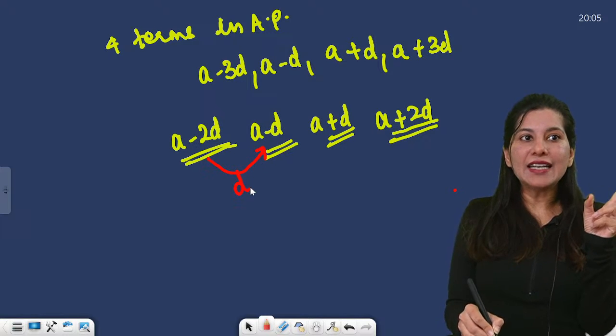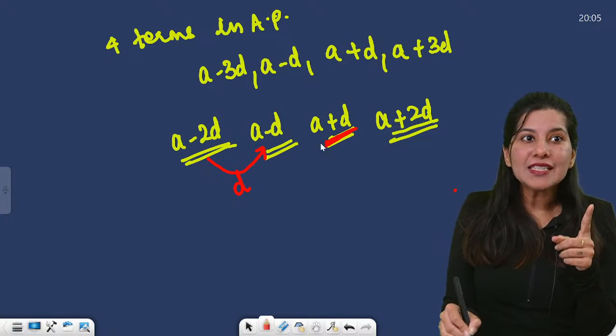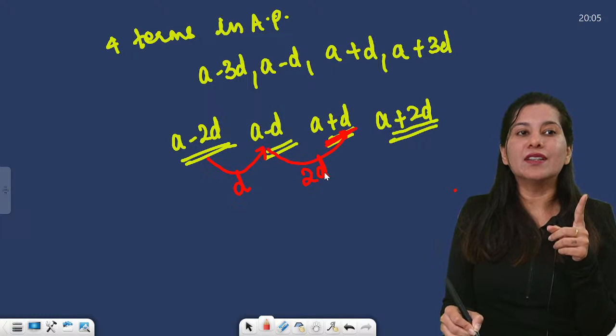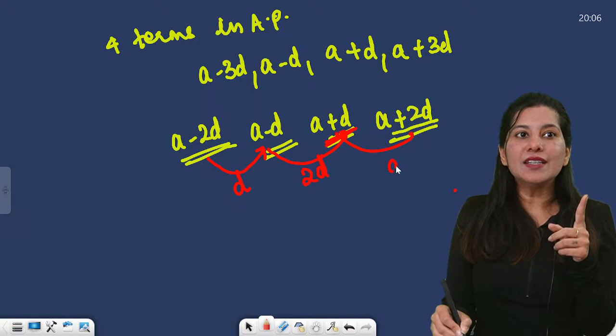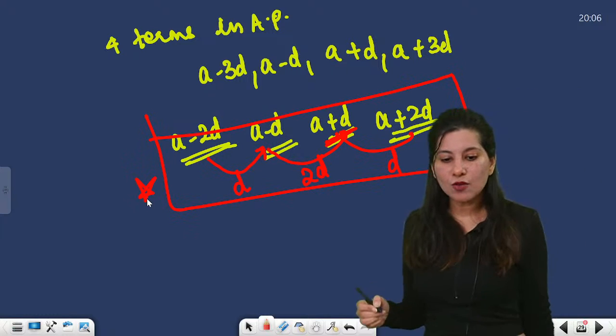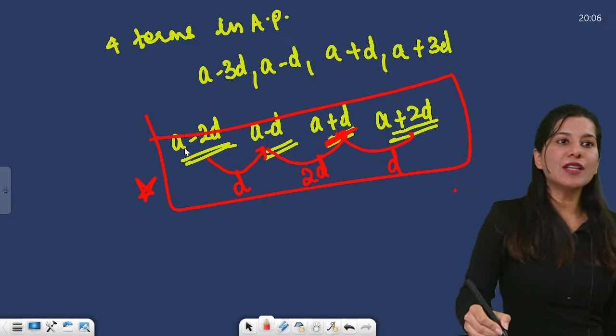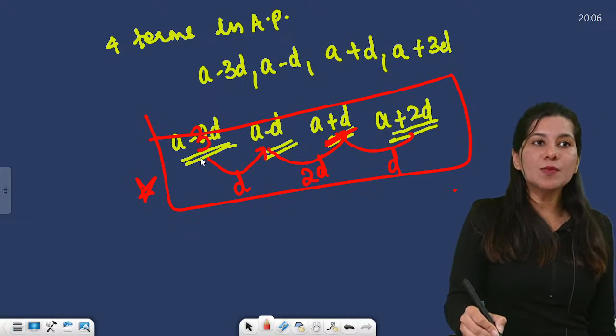If I add D, I get A minus D, but to get A plus D, now I will add 2D. Then from here, D. So this is not an arithmetic progression. It is very clear. Yes, ping pong, I've cleared the doubt. That's why A minus 3D will make sense.